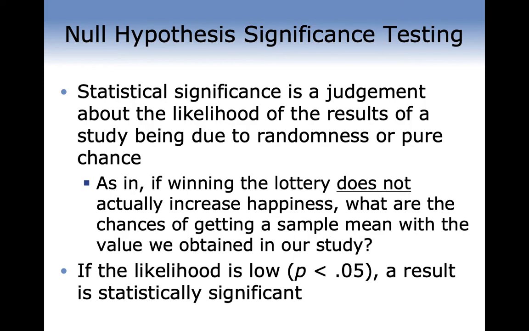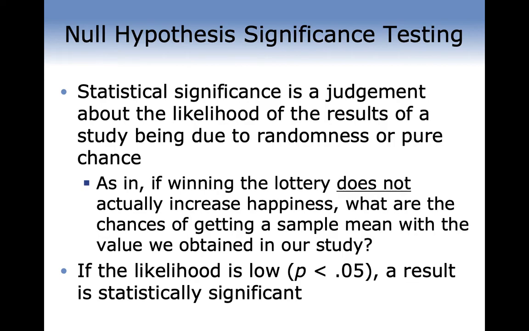Ultimately, statistical significance is a judgment about the likelihood of the results of a study being due to randomness or pure chance, assuming that the null hypothesis is true. So, if we start with the null and winning the lottery does not actually increase happiness, what are the chances of getting a sample mean with the value that we obtained in our study?